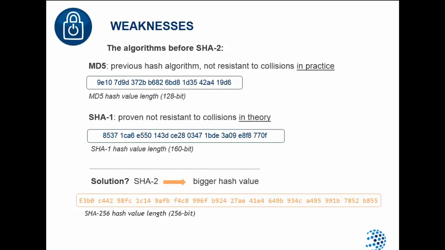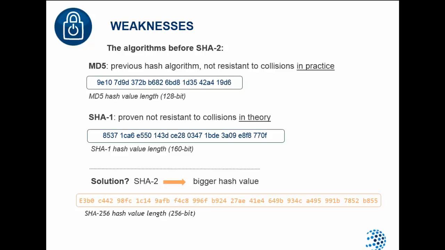SHA-1 is proven not resistant to collisions only in theory. However, what's actually happened is that the security industry is being proactive rather than reactive, and has decided to move away from SHA-1 before there are problems with it. Therefore, the solution was coming up with SHA-2 with a bigger hash value.